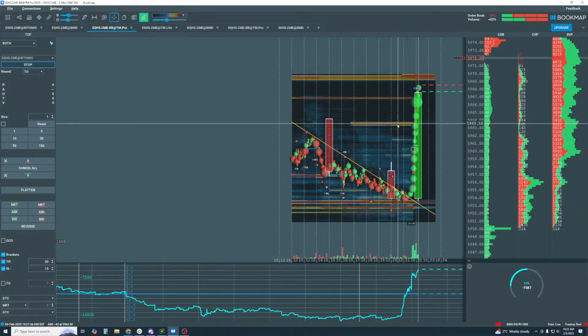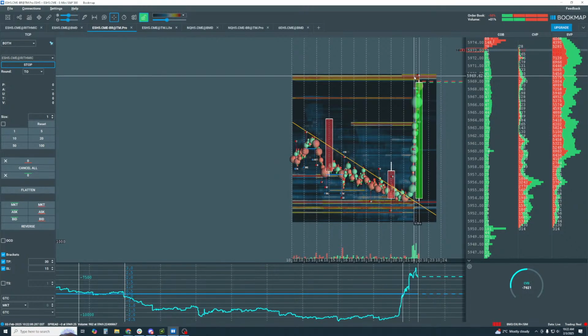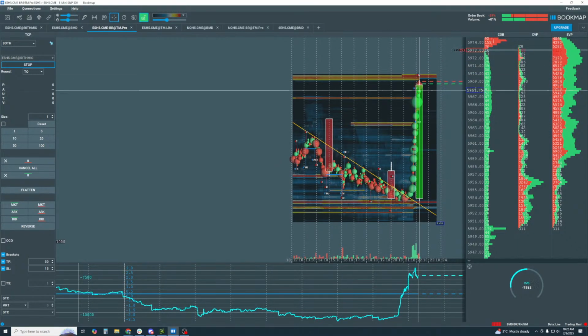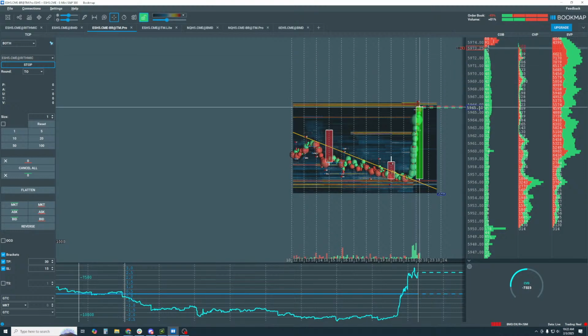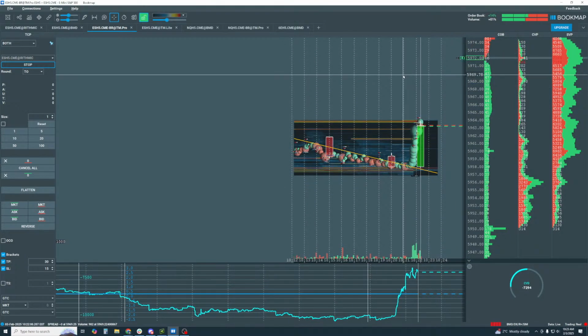Okay, this was our original. We thought maybe it would come up to about 63 here, that liquidity. Well, we're up to about 69 now, or 70. Oh, we're above it. I'm having some data delays here. There's just a lot going on right now.